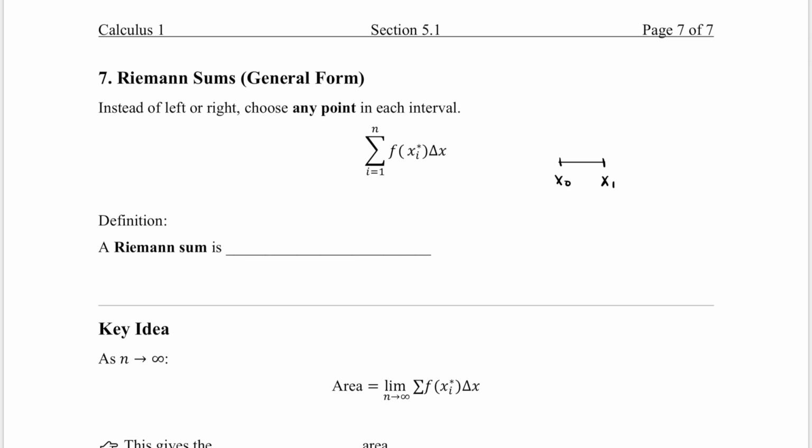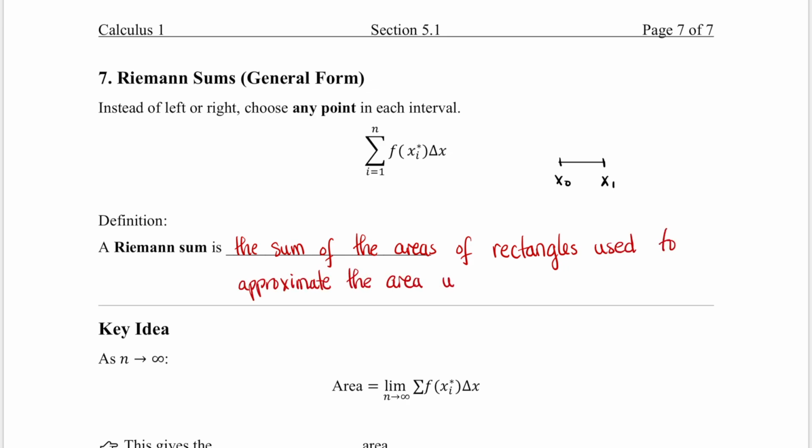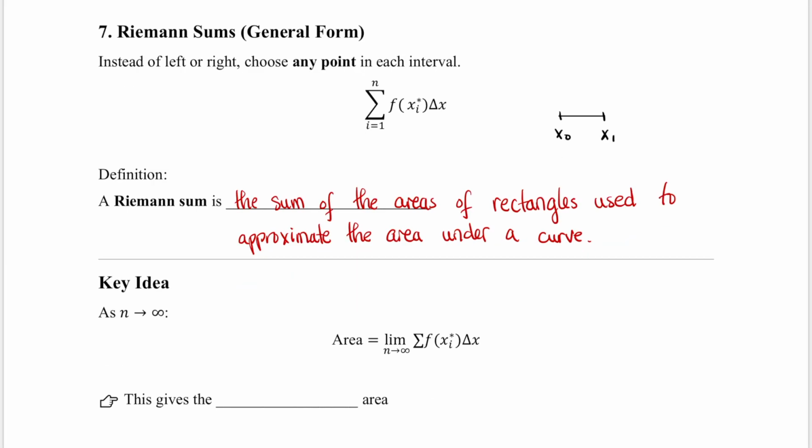So xi star just means a point somewhere inside the interval. That means the height of each rectangle comes from that chosen point. A Riemann sum is the sum of the areas of rectangles used to approximate the area under a curve. So this is just a more flexible way of doing what we have already been doing.